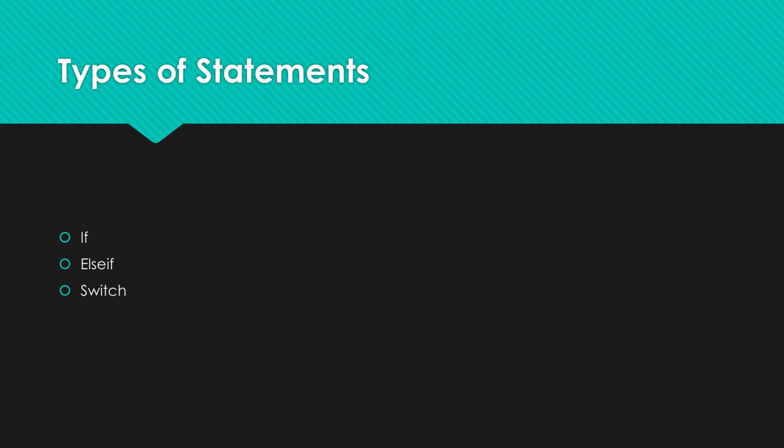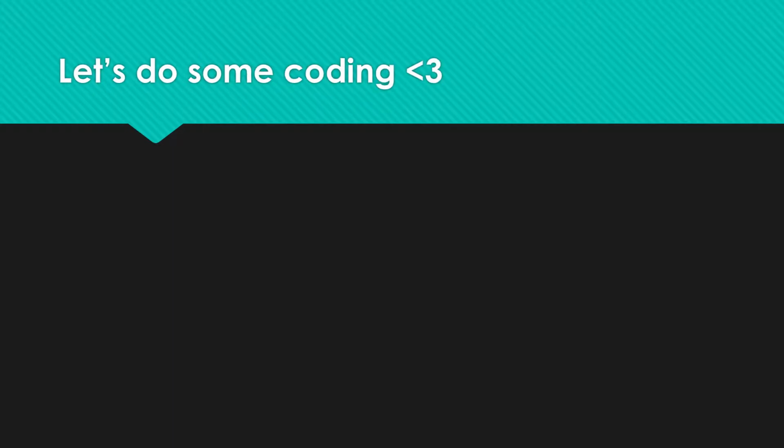And then the types of statements you'll see are if statements, elseif statements, and switch statements. Elseif statements go inside if statements. This is kind of jumping ahead, but switch statements you won't see too often. Sometimes I use them to customize certain functions, but usually you can just use an if statement with some elseif statements in there. If this doesn't make any sense to you, I'm sorry. We'll go over what all this means in a second.